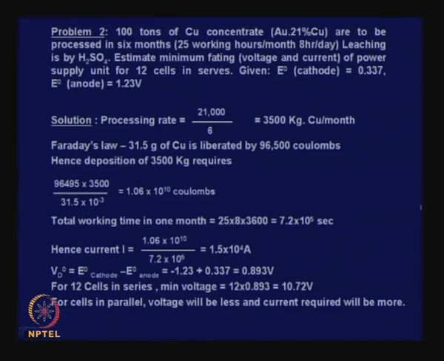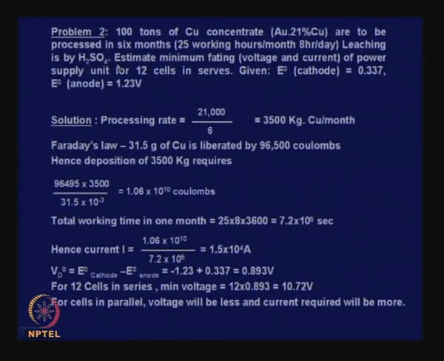There is a simple problem that one may have to deal with in a copper electrolysis plant. We are not talking about electrolysis in an aqueous solution. The question is: 100 tons of copper concentrate are to be processed in 6 months, approximately 21% copper, 25 working days per month, 8 hours per day, leaching is by H2SO4.